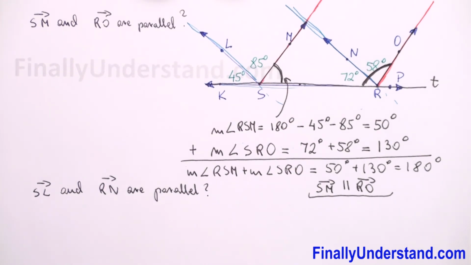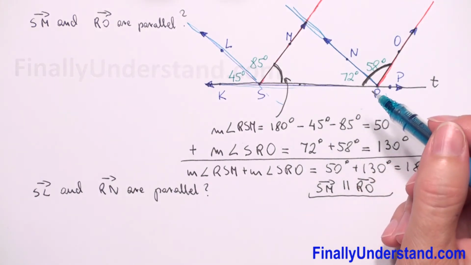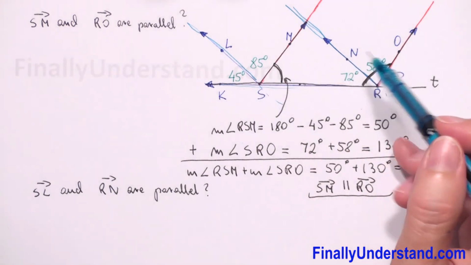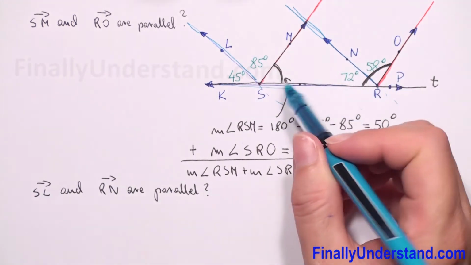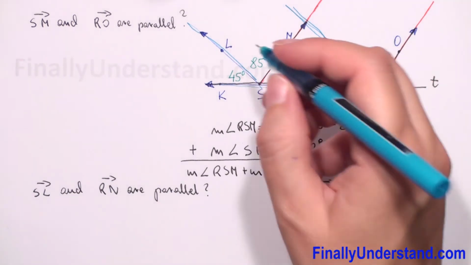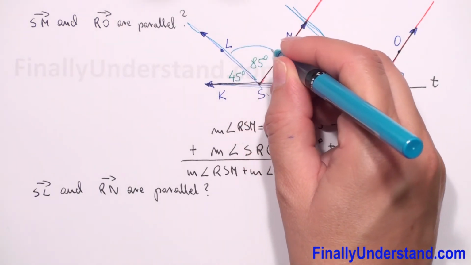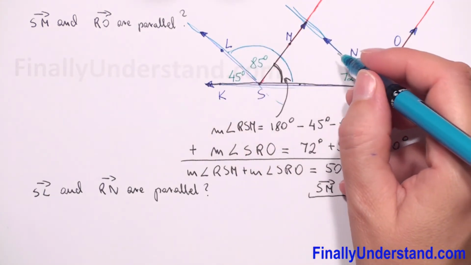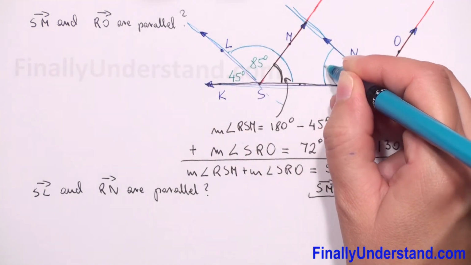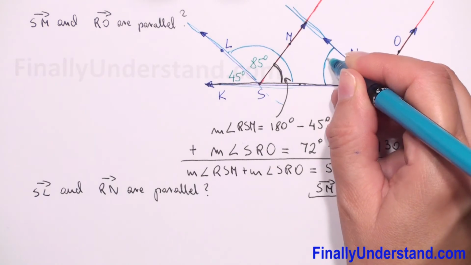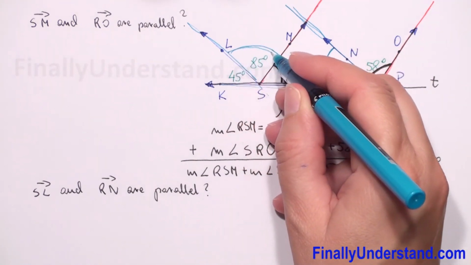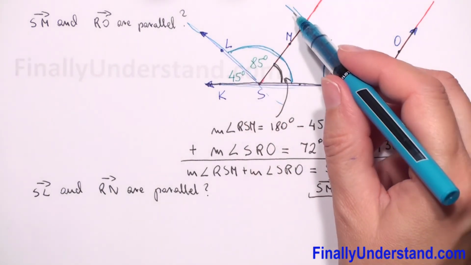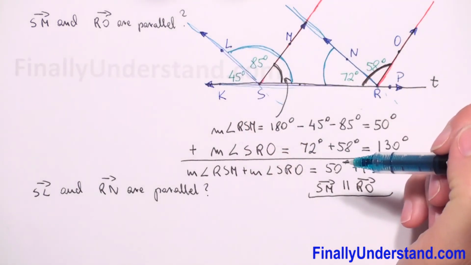Consecutive interior angles are angles which are between these two rays and on the same side of our transversal. So this is our first angle and this is our second angle. The sum of these two angles must give us 180 degrees, then these two rays are parallel.